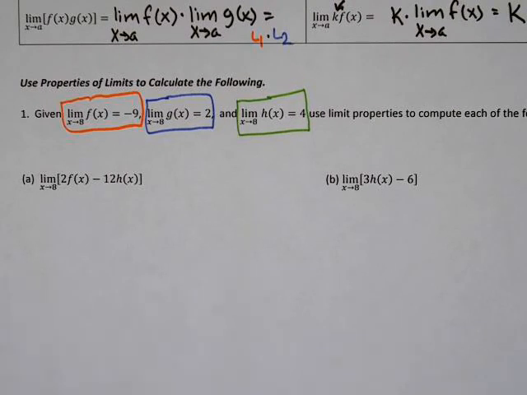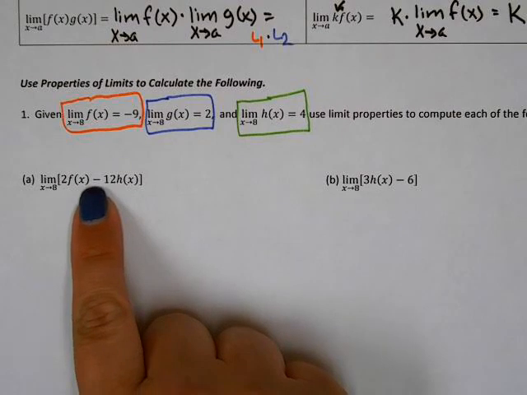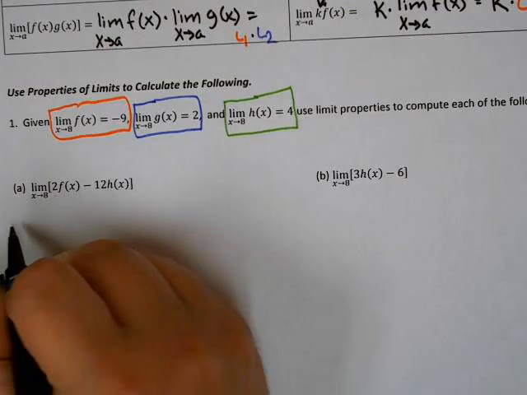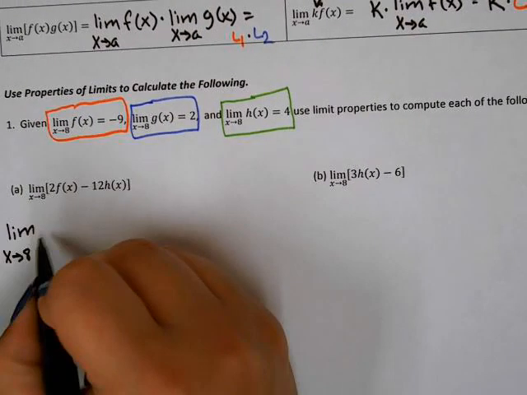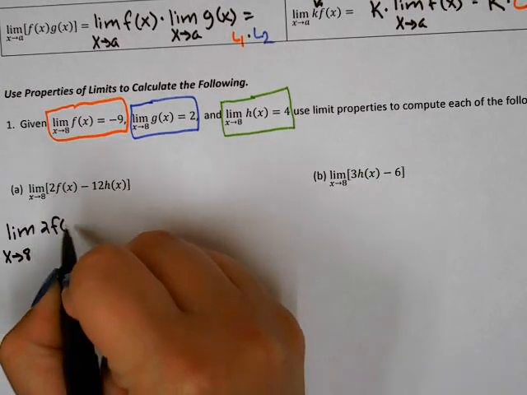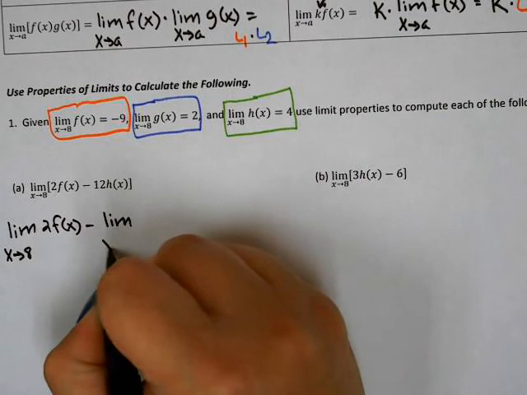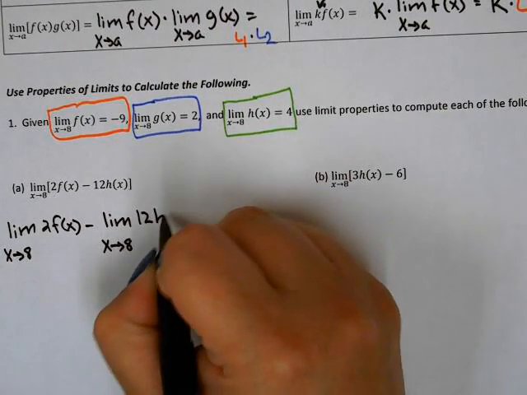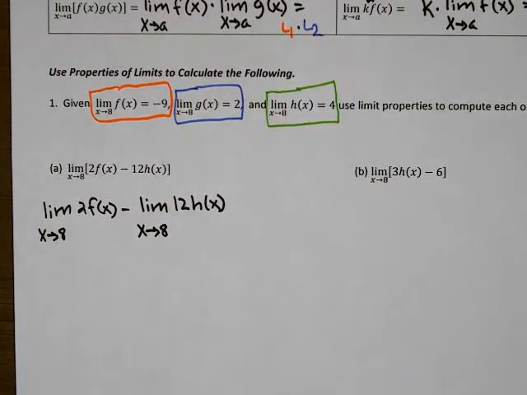All right. So the first thing that I am going to do is I notice that there's a subtraction here, which means I'm going to break up my two limits. So I'm going to go ahead and do the limit as x approaches 8 of 2 f of x minus the limit as x approaches 8 of 12 h of x. So the first thing I saw was that subtraction.